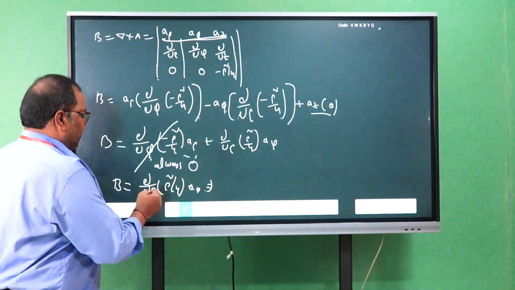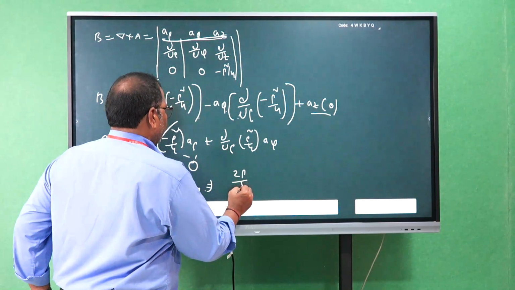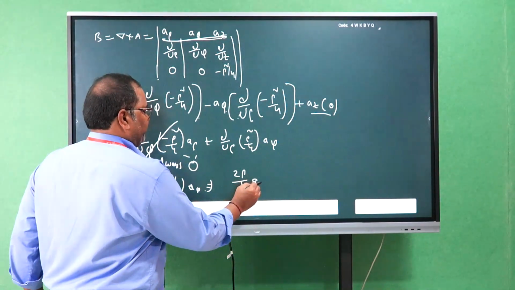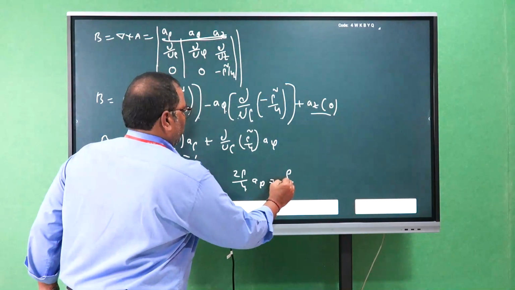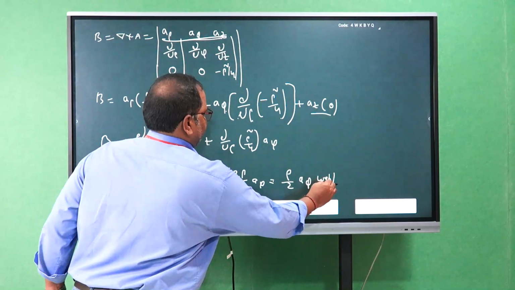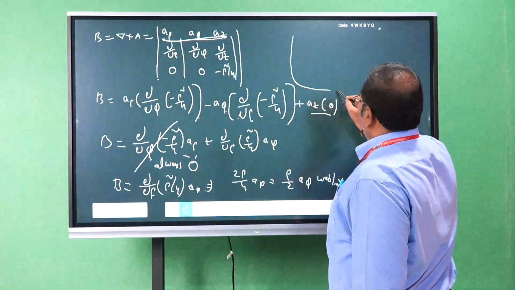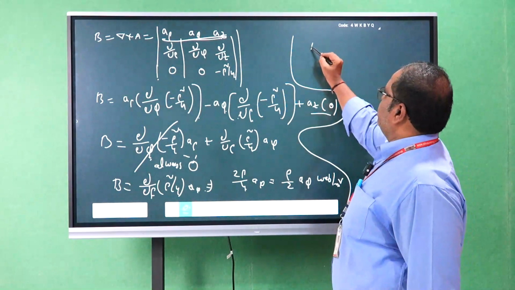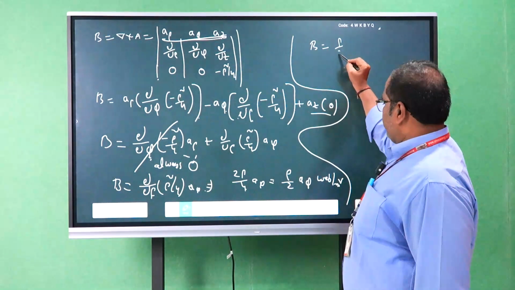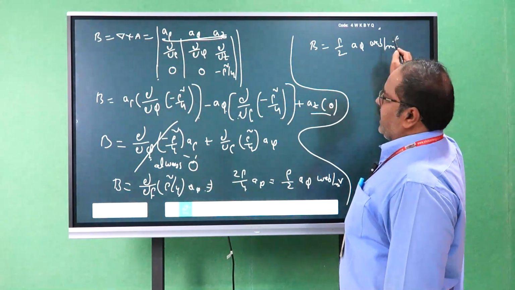Therefore, differentiate: 2 rho by 4 A phi, which is rho by 2 A phi Weber per meter square. We have to find out the magnetic field flux density. B is equal to rho by 2 A phi Weber per meter square.